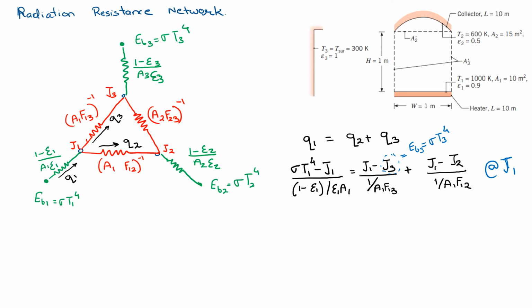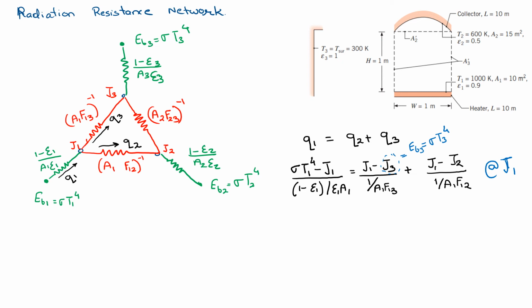So let's do a similar thing at J2, where you can write the summation of currents, that's the Q's, as, let me use a different color here, maybe an orange.